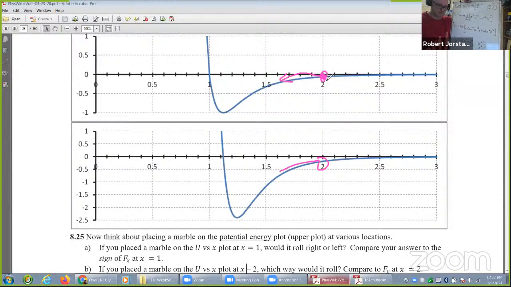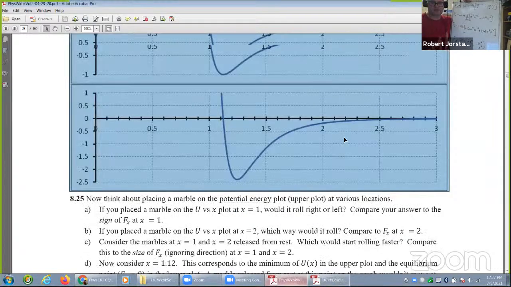It's a very shallow slope, close to 0, whereas the force over here was huge. Force here, huge and positive. Force here is small and negative. And then if you release this from rest, it would bounce back and forth. And this is exactly what we saw in that animation last time.